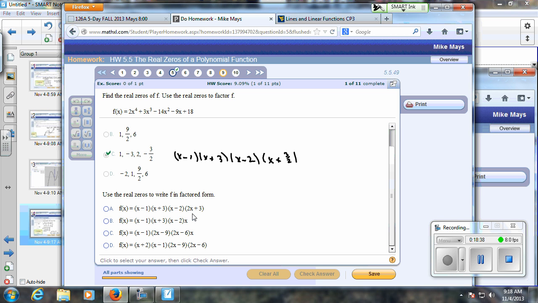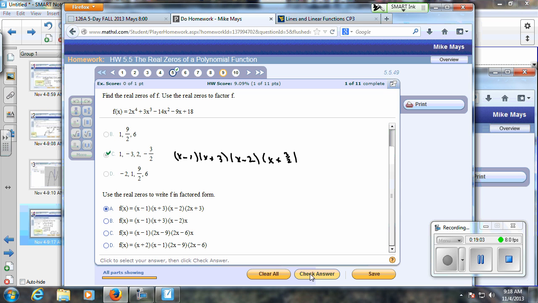That's because x equals minus 3 halves was the solution to 2x plus 3 is 0. And that makes this the right answer, and I can see that it starts off right, that if I multiply this all out, I end up with 2x times x times x times x. That's the 2x to the 4th power. That's the leading term.